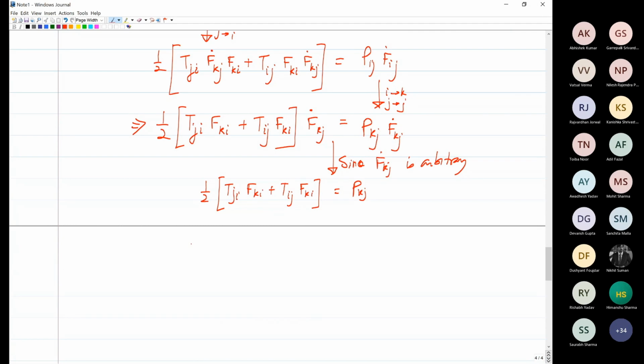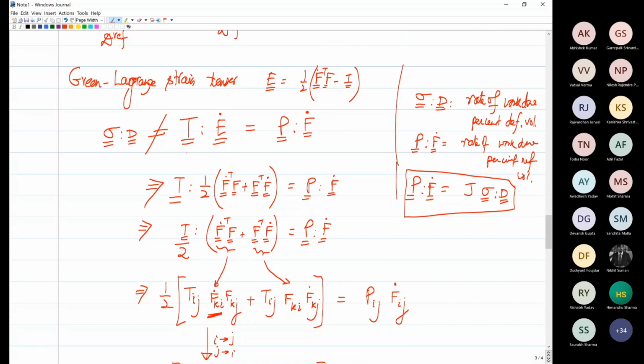But if you look from here, again, capital E is a symmetric tensor. So capital E dot will also be a symmetric tensor, isn't it? And as I told you earlier, if you have a symmetric tensor double contracted with another tensor, then the antisymmetric part of the other tensor does not yield anything.